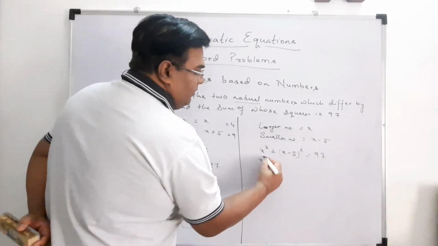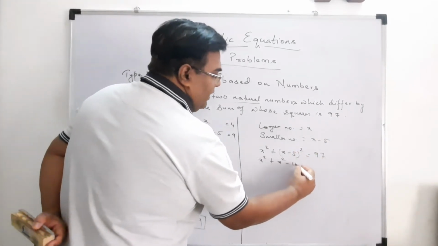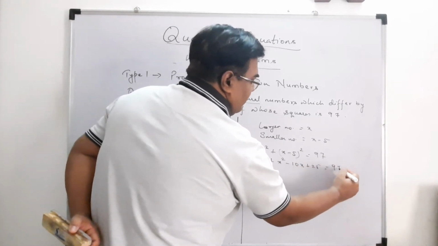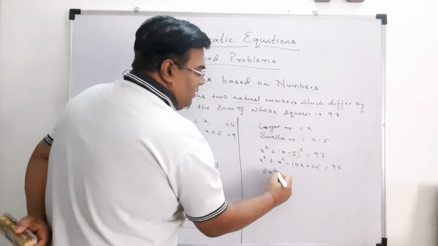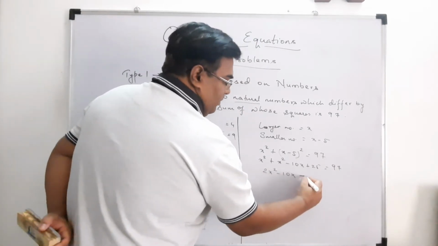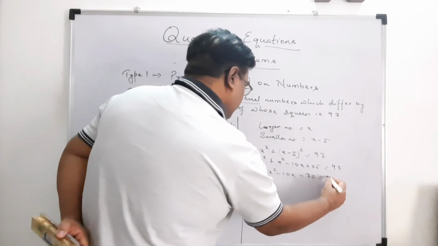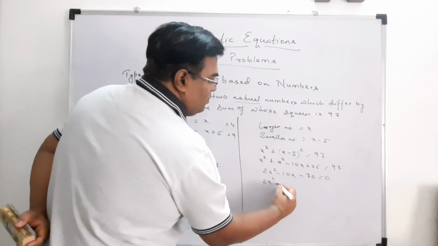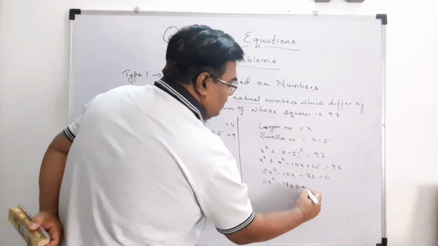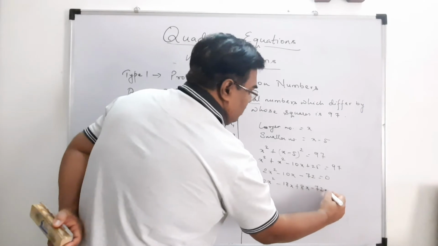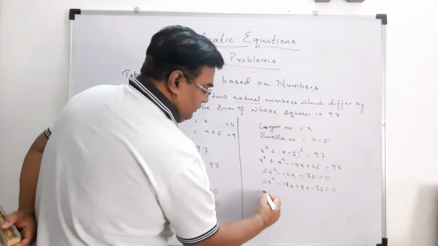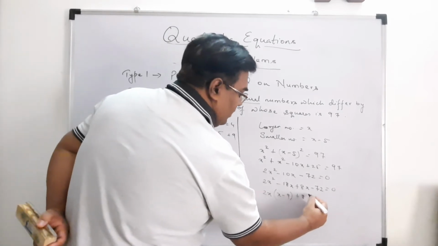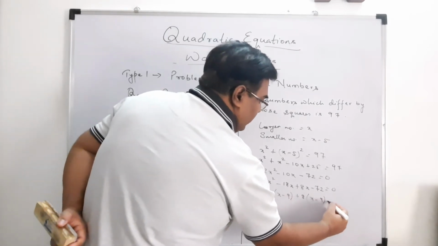Here it will be x square minus 10x plus 25 is equal to 97, so 2x square minus 10x minus 72. This time we get the same numbers, and we factorize like this: 2x, x minus 9, plus 8, x minus 9.